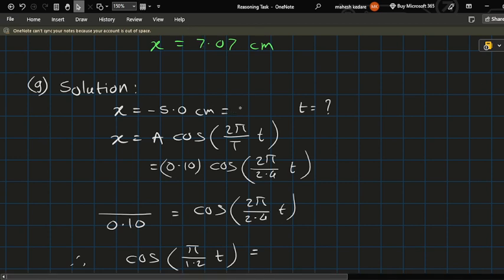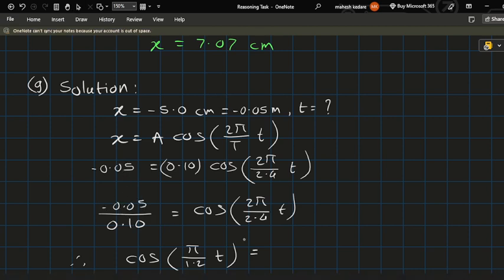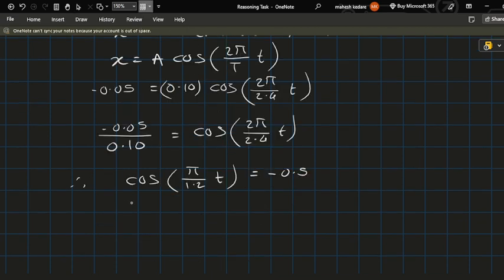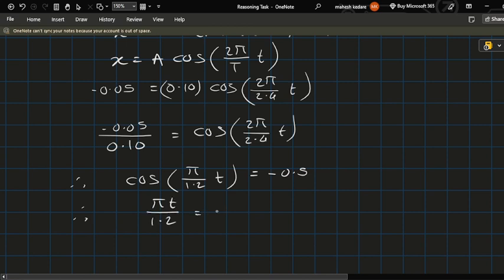Minus 5.0 centimeter makes minus 0.05 meter, so minus 0.05 divided by 0.1 is minus 0.5. Therefore, pi t by 1.2 equals cos inverse of minus 0.5.